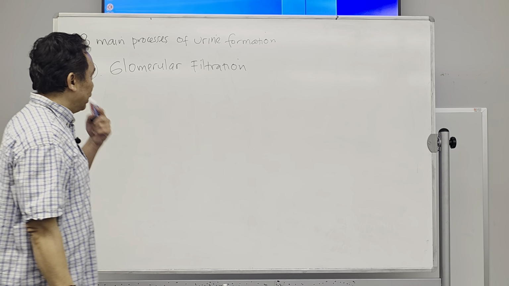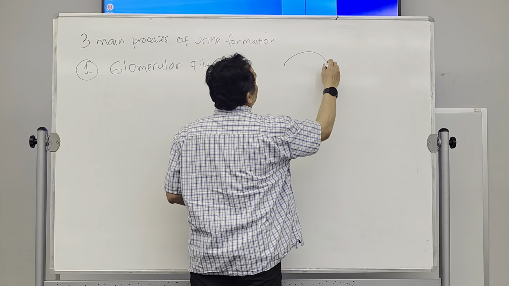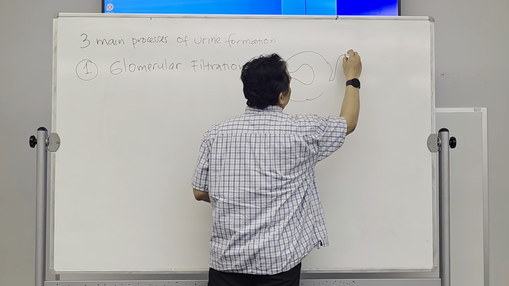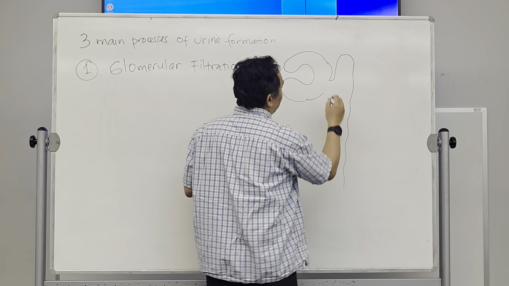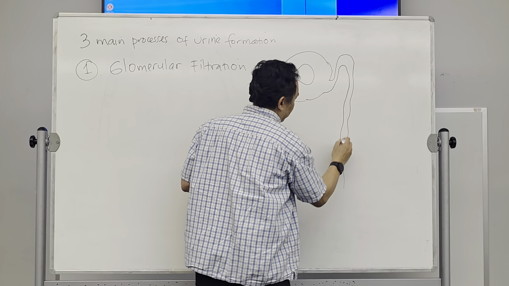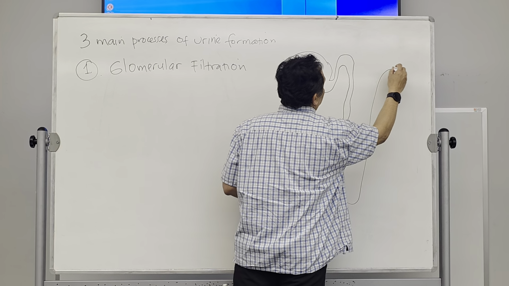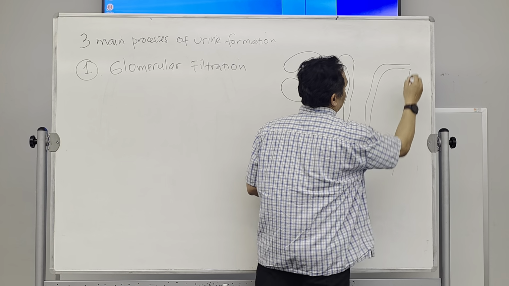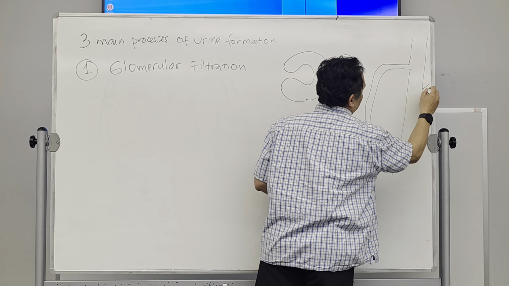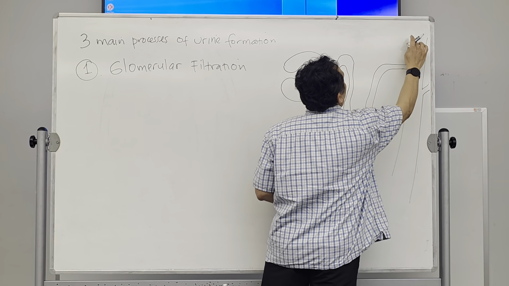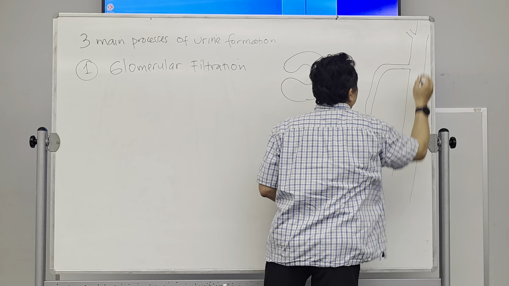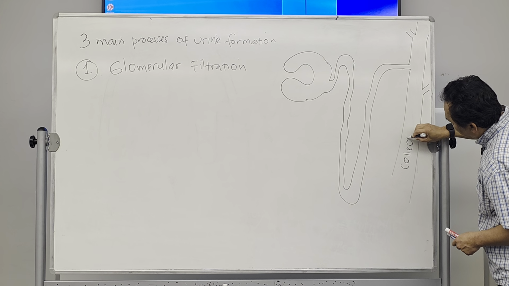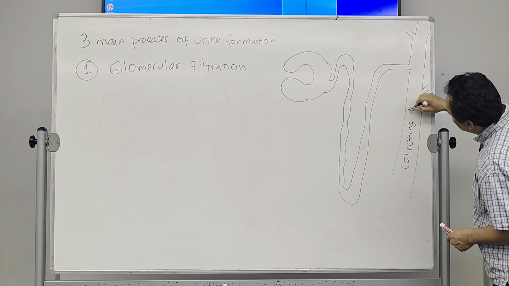Okay? Again, if we draw the structure of the nephron, let's say it's gonna be like that. This is the collecting duct.